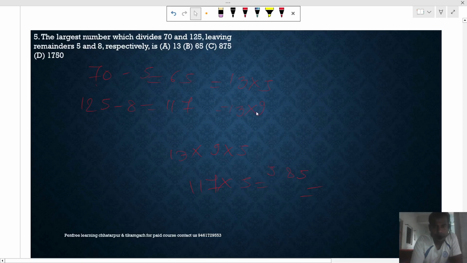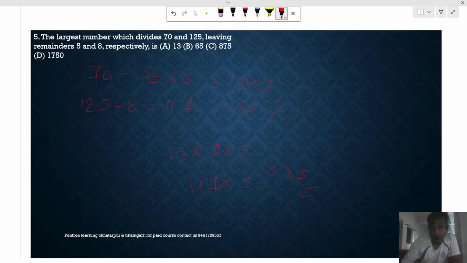Oh, sorry. I have written it not prime factorized. Okay, this will be 3 to the power 2, 13 into 5 and 3.